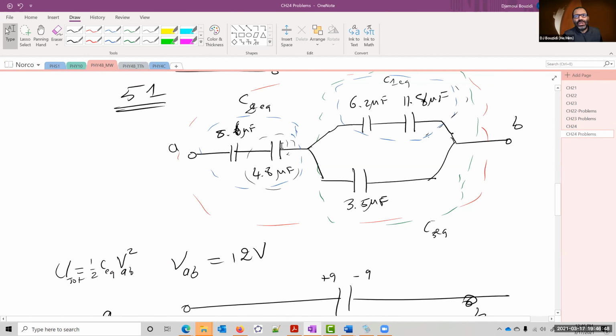And I know the charge is 26.4, so I can find the voltage drop in this section only. This voltage drop should be just the charge, 26.4 microcoulomb, divided by the 3.1 microfarad.